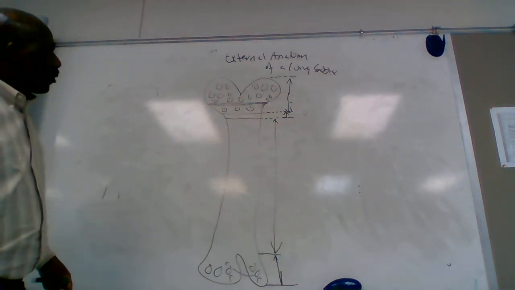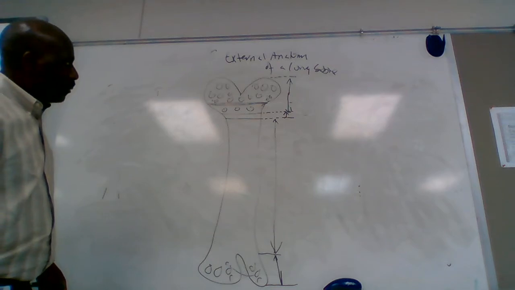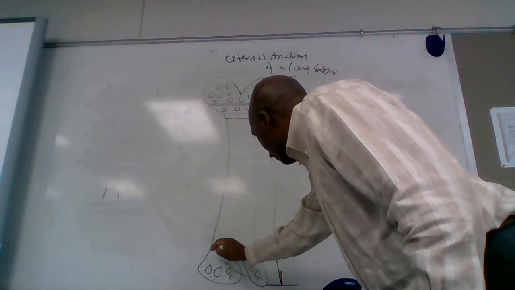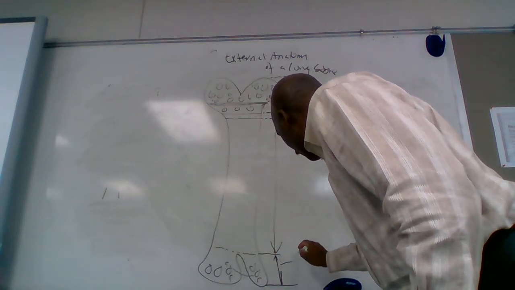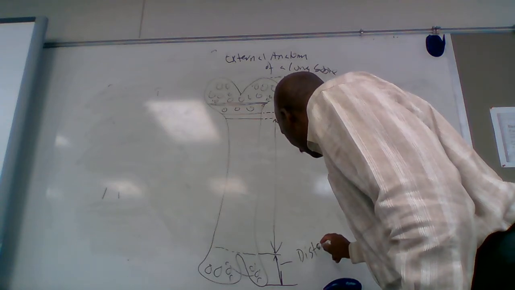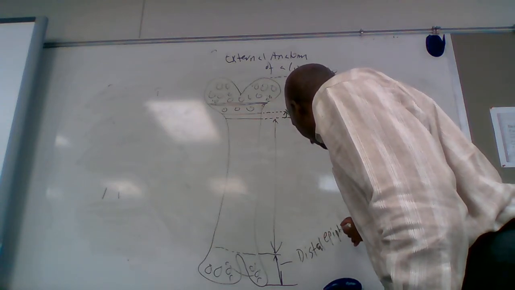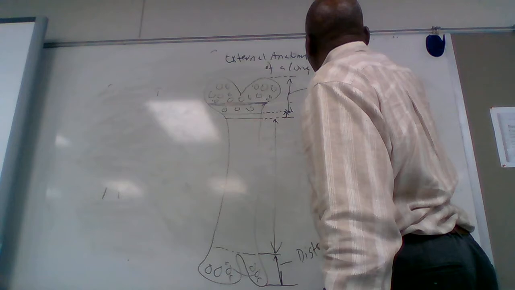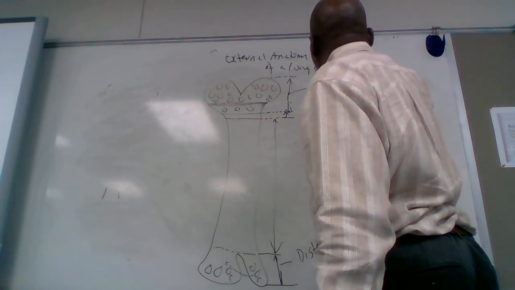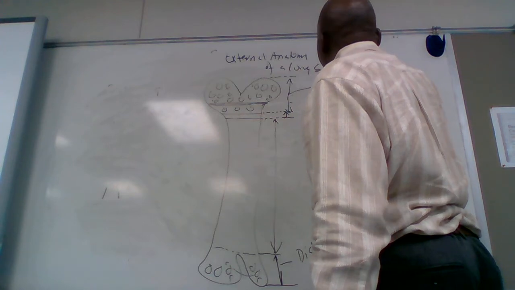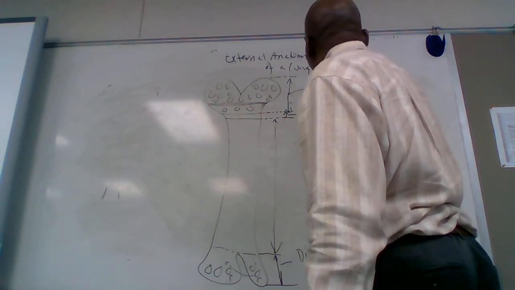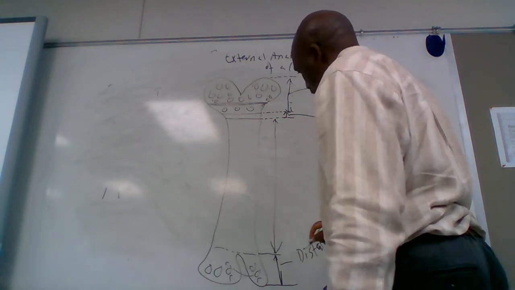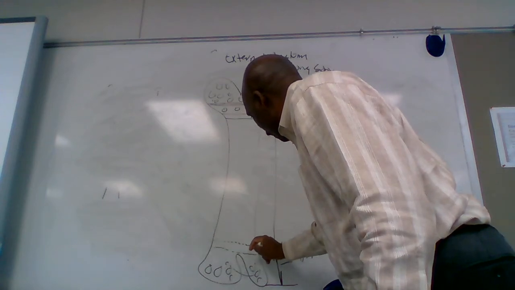Right, so far so good. So we have the proximal epiphysis over here. From here up to this point right here is called the distal epiphysis. This portion here is called the proximal epiphysis. This portion here is called the metaphysis.